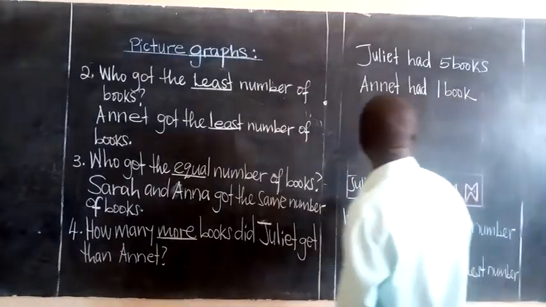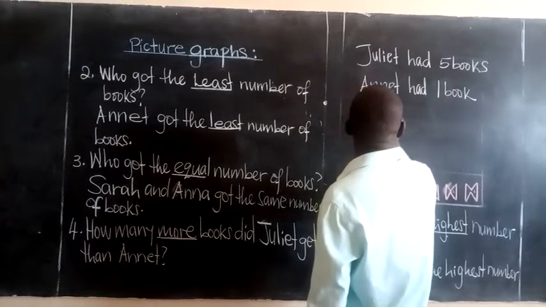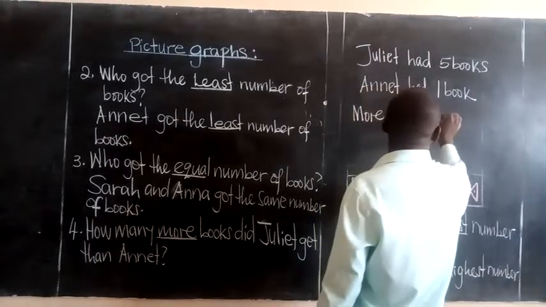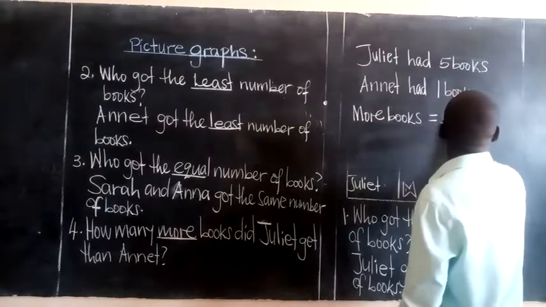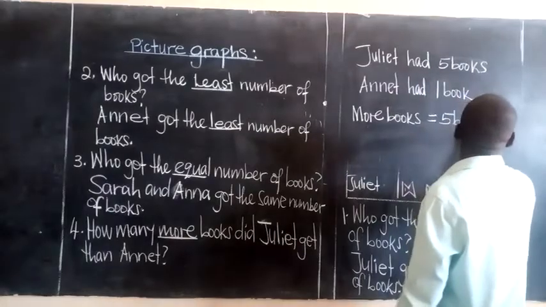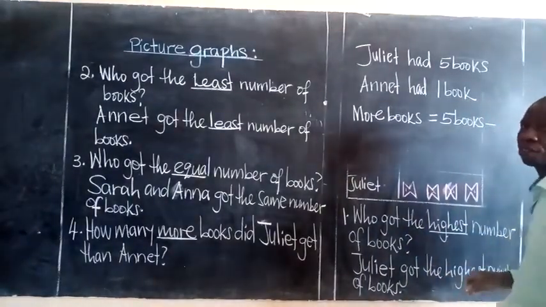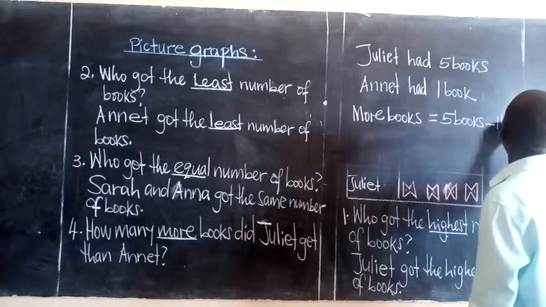So now the more books, that is the difference. More books equals 5 books. Take away, remember that language that we used in our previous lesson. Take away 1 book.